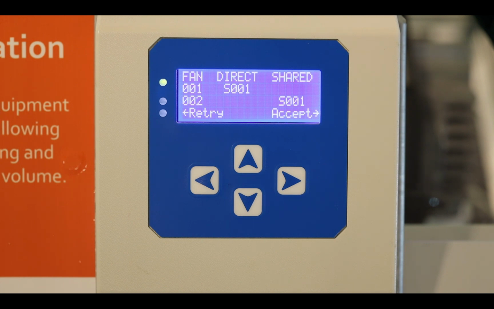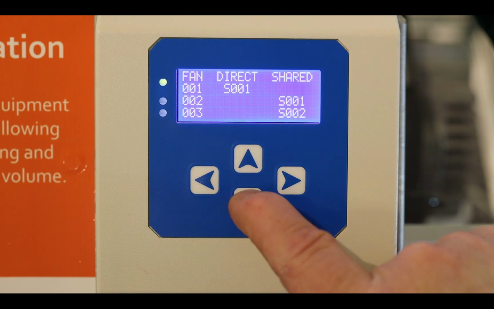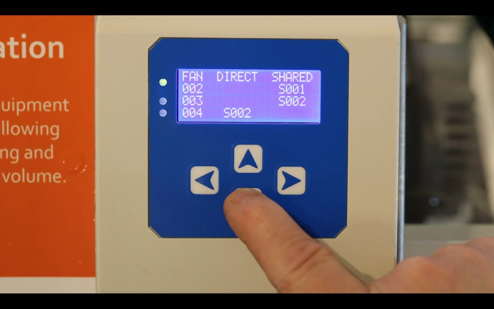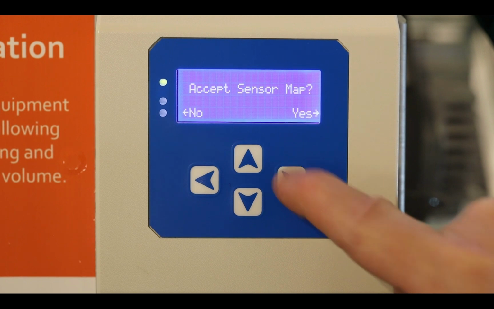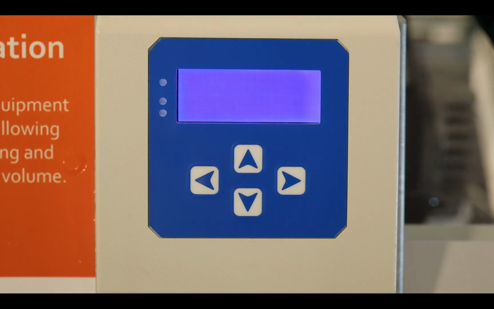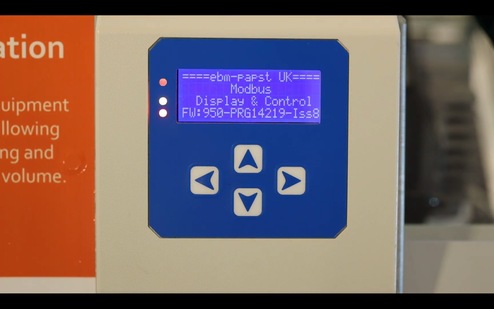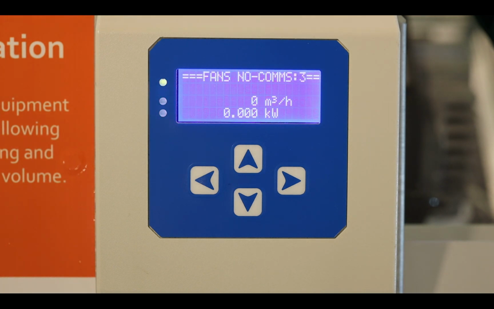The user can choose to accept the sensor map and the shared dependencies, after which a reset is performed. The MDC controller then adjusts the speed of the fans until it reaches a steady state at the set point.